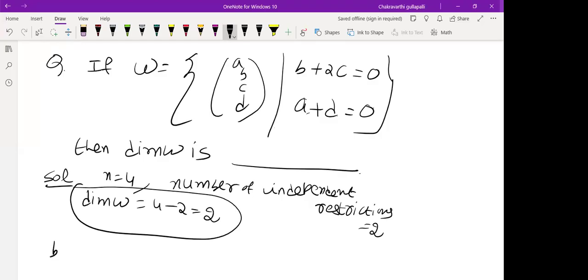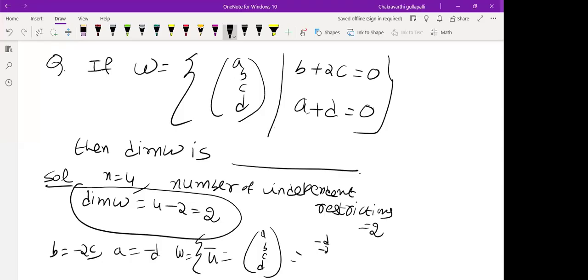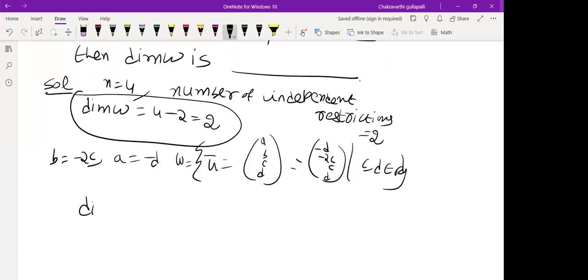You can write B as minus 2C as before, and A is equal to minus D. Substitute here. Then W is the set of all (A, B, C, D) where A is written as minus D and B as minus 2C, leaving C and D. How many free variables? 2 free variables, C and D are free. So what is the dimension? It is the number of free variables, so the dimension of W is equal to 2. Even if you apply this method, you get the same answer.